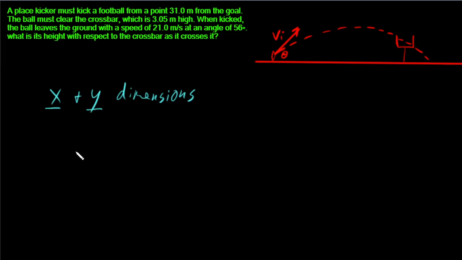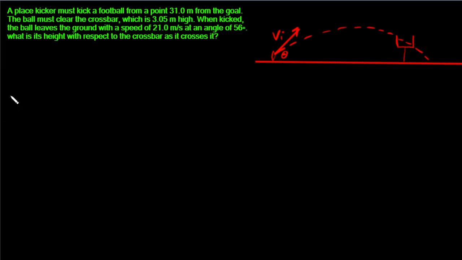There is one quantity which is the same in both dimensions, and hopefully you're remembering that time, of course, is the same in both dimensions because time is outside of our directional restraints.